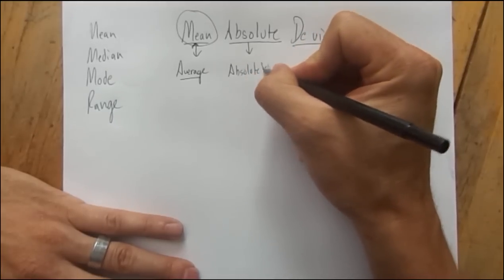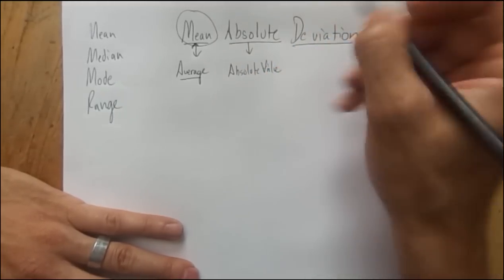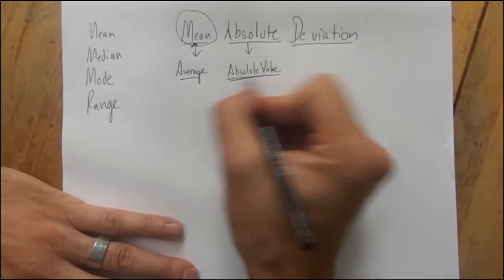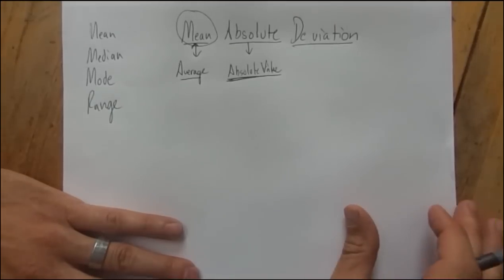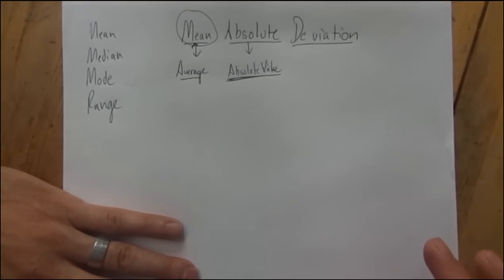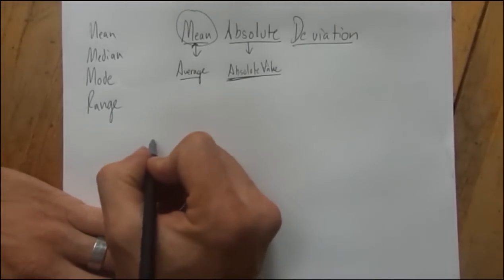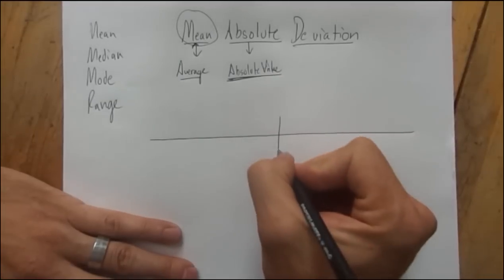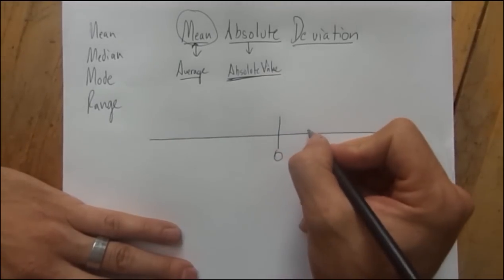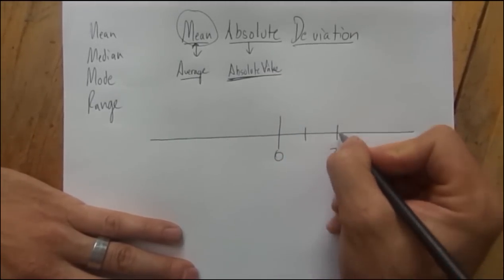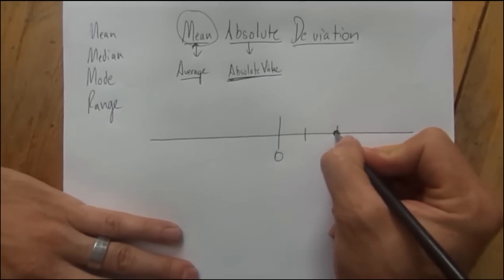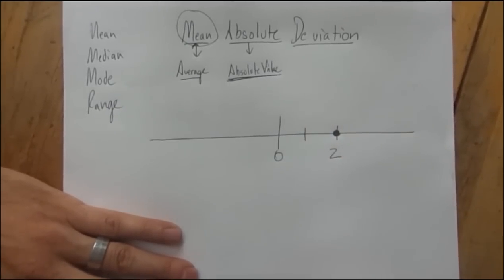absolute value. Okay, so let's look at absolute value for a second, and talk about what that means. If you're looking at a number line, for instance, there's a 0, and I am sitting at the number 2, okay, and I ask you a question.